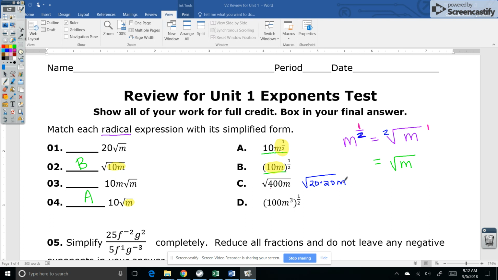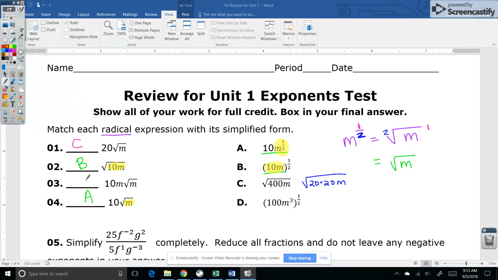I can't really square root m because I don't know what that variable stands for. I don't know what kind of number m is. So there's really nothing I can do with m, but I do know that the square root of 400 is 20 because 400 is 20 times 20. So C is going to match up here with 1.